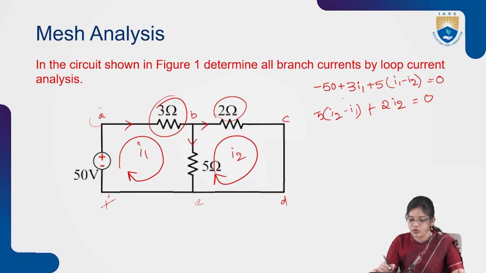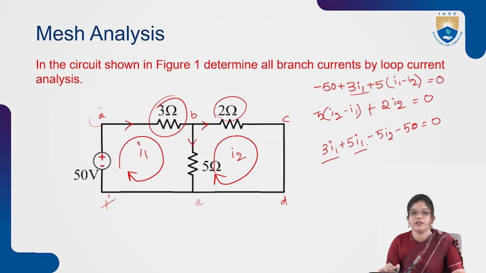So first we have to substitute this equation. We have to sum all the I1 currents and I2 currents. First taking the I1 current: 3I1 plus 5I1 minus 5I2 minus 50 equals 0.